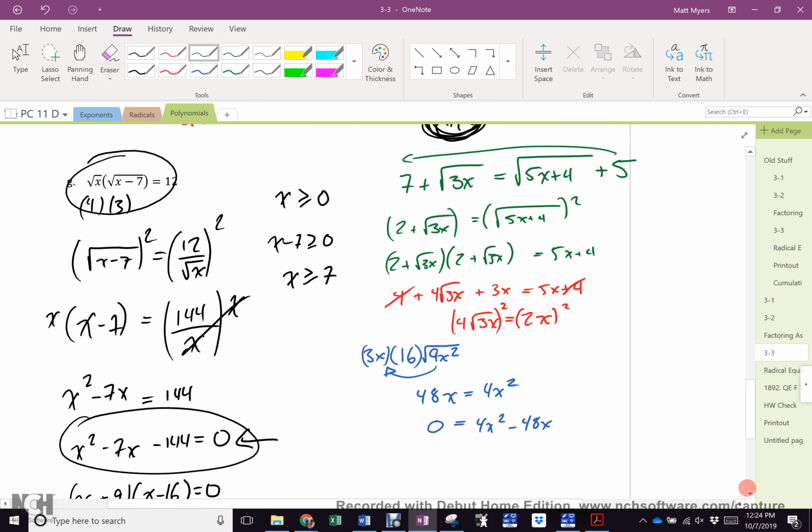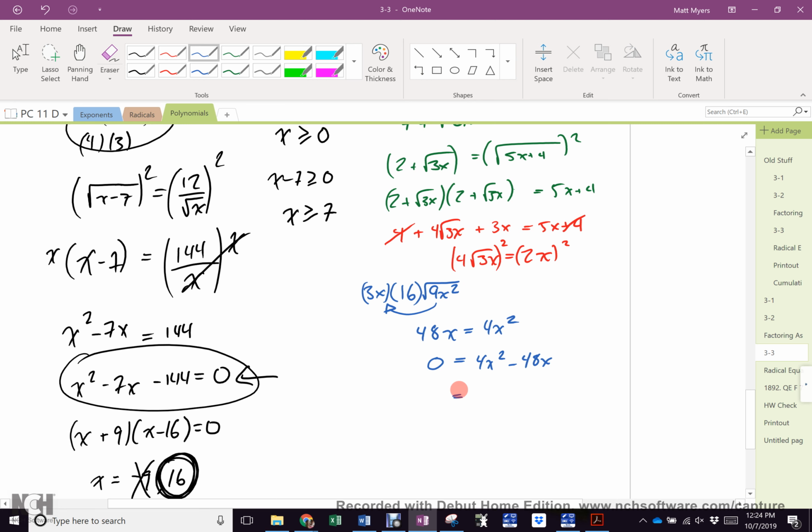What's the one I'm going to use here? GCF. What is it? X is definitely coming out. And a 4. Leaving me with x minus 48 divided by 4. It is 12. And what does that equal?